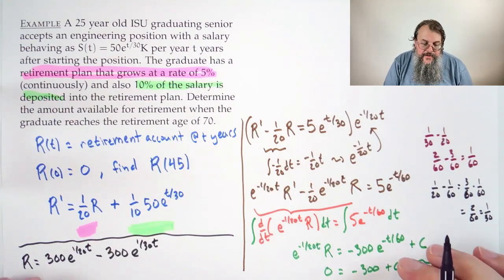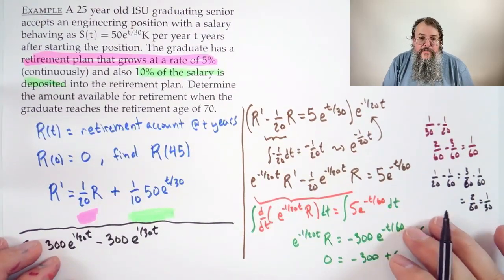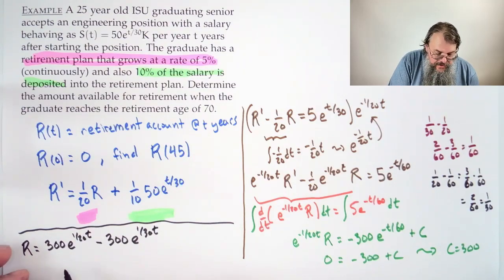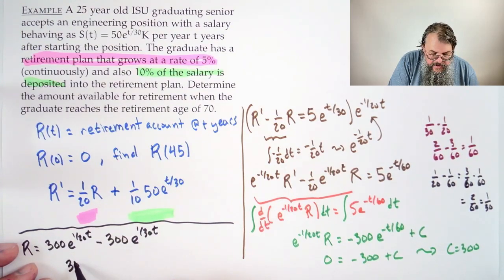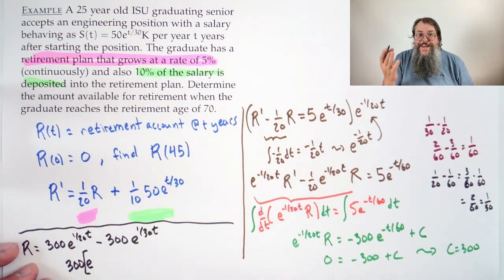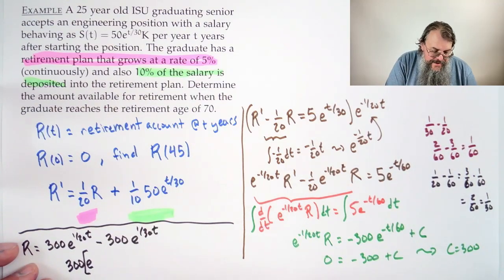Okay, and now the last thing is we plug in 45. So our answer will be 300 e. In fact, we can go ahead and pull out the 300. 45 divided by 20, well, they both have 5 as a common factor, so 45 divided by 20 would be 9 over 4.